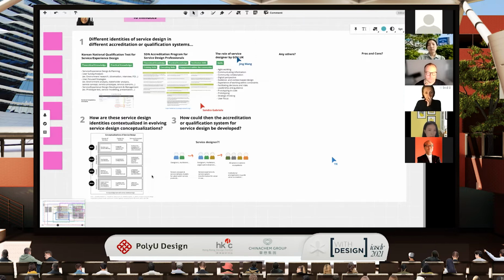So for some people, they think, okay, designers and marketers can be called service designer. But for some people, maybe designers and marketers, but also organizational actors who are anyway involved in creating service experience, they can also be called service designer.